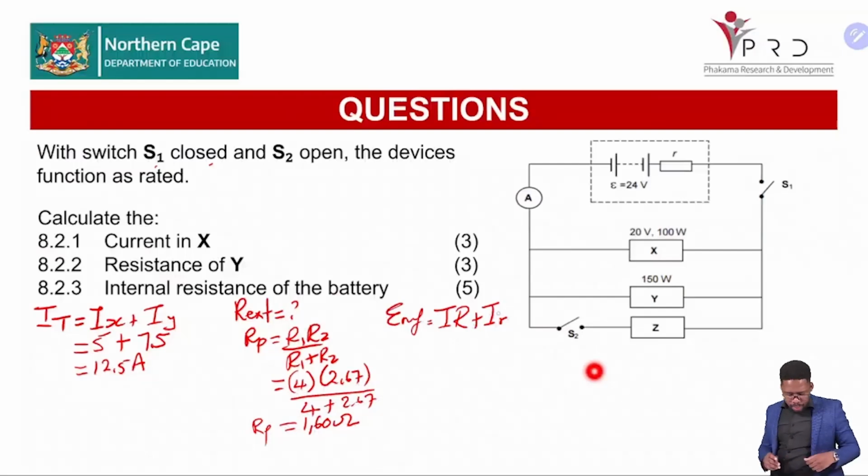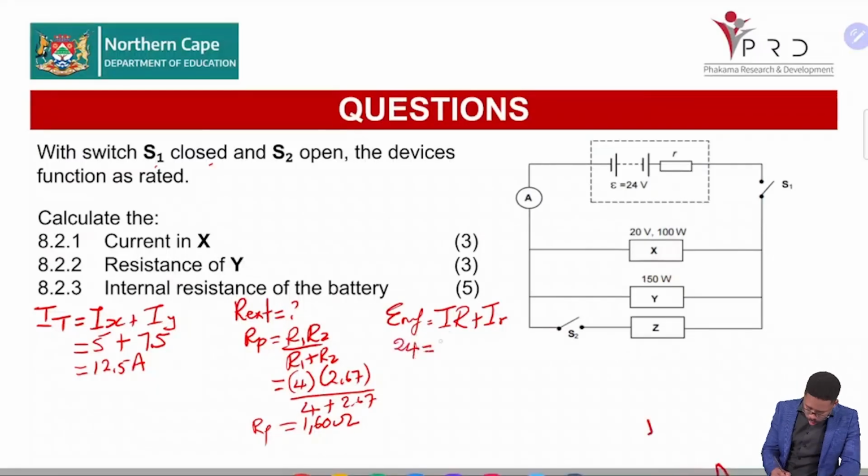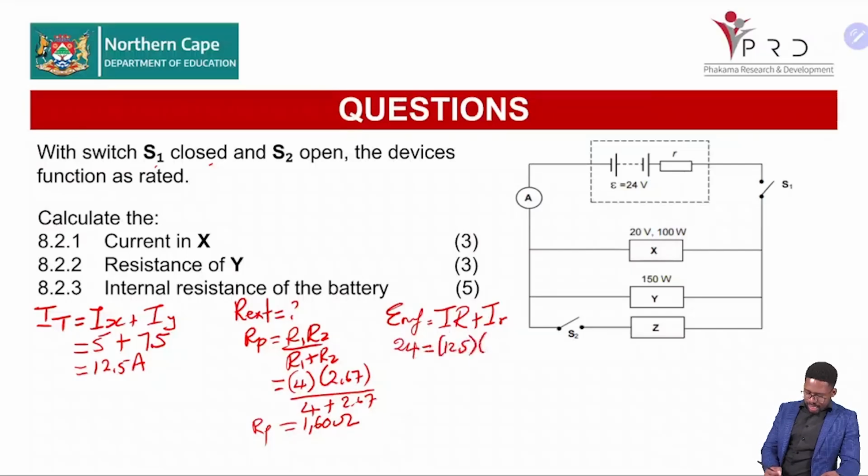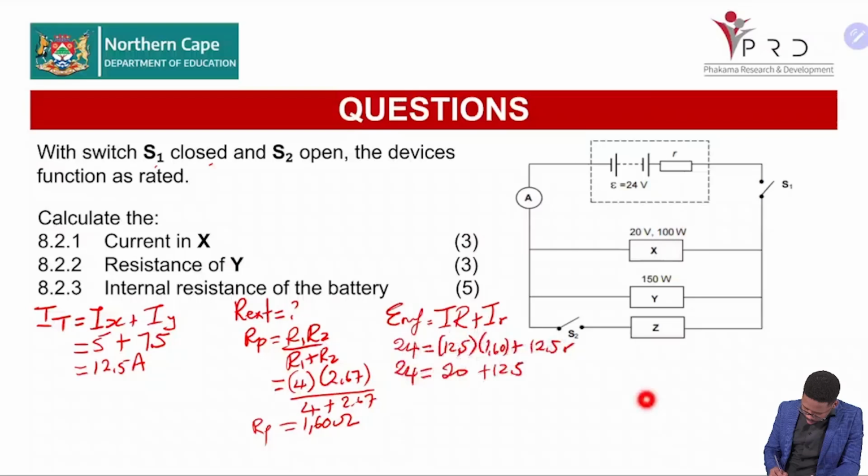Now, what is our EMF? We are given 24. What is our I total? We calculated 12.5. What is our R external? 1.60. Plus 12.5, we don't know our r. 24 is equal to 12.5 multiplied by 1.6, I think it's 20, plus 12.5 r.